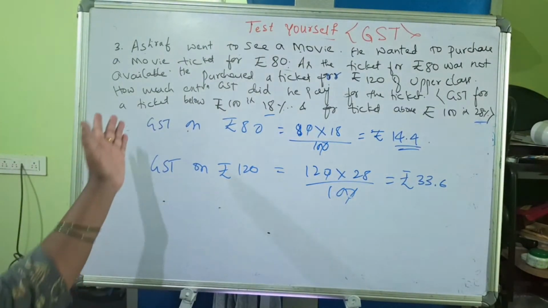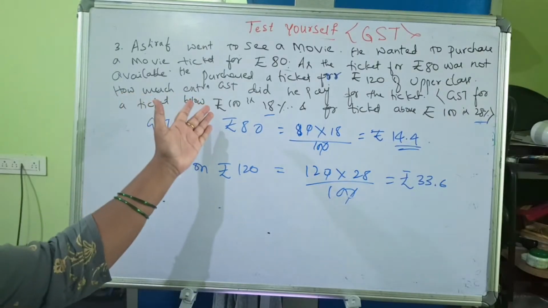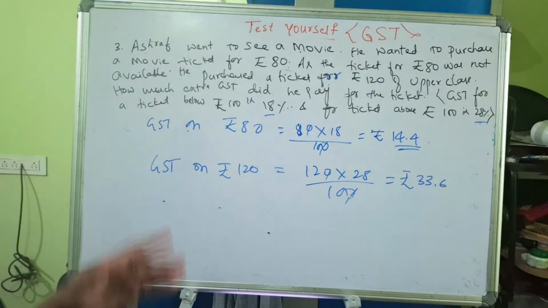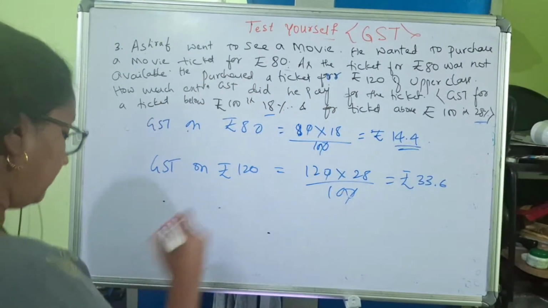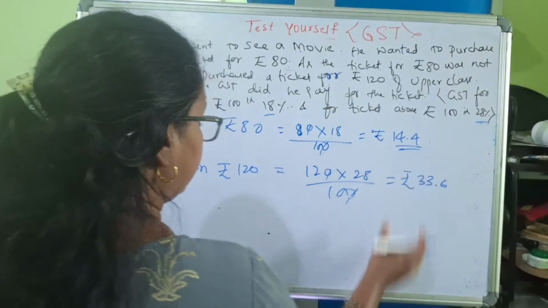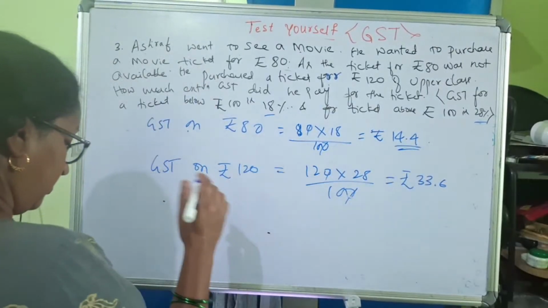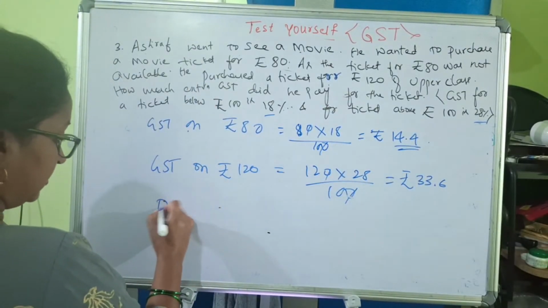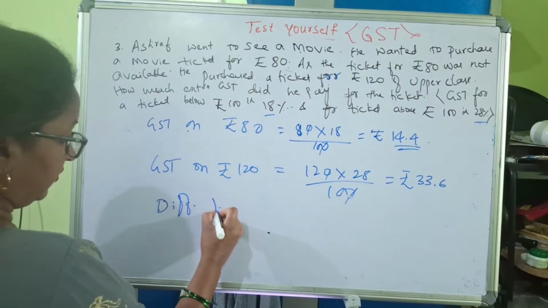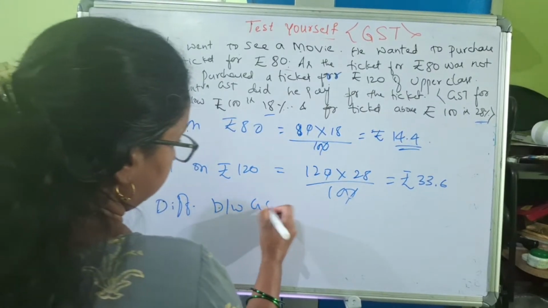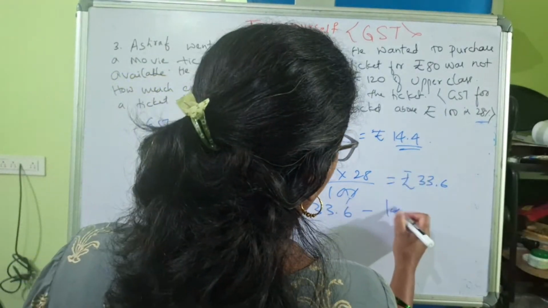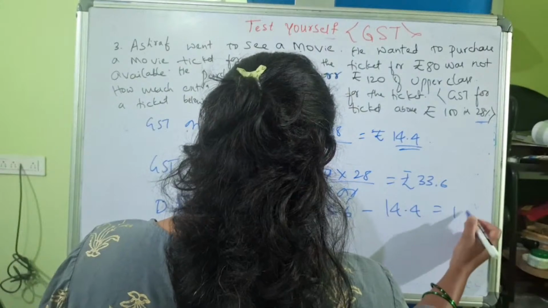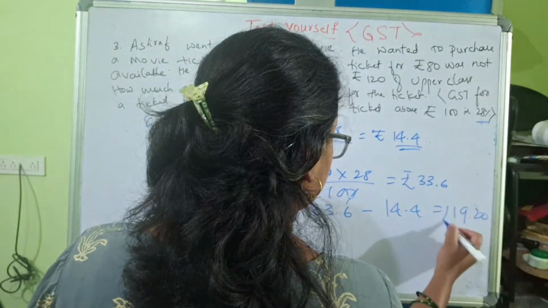So to find the extra GST paid by Ashraf, we have to subtract these two. That means we have to find the difference between the GST amounts. That means difference between GST, which is equal to 33.6 minus 14.4, which is equal to 19.20.